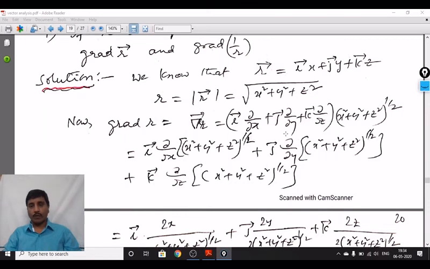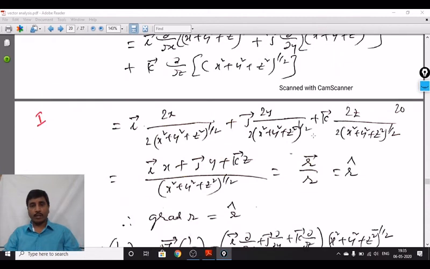We can differentiate the above equation. We get i bar into 2x by 2 into (x square plus y square plus z square) whole power half, plus j bar into 2y by 2 into (x square plus y square plus z square) whole power half, plus k bar into 2z by 2 into (x square plus y square plus z square) whole power half.